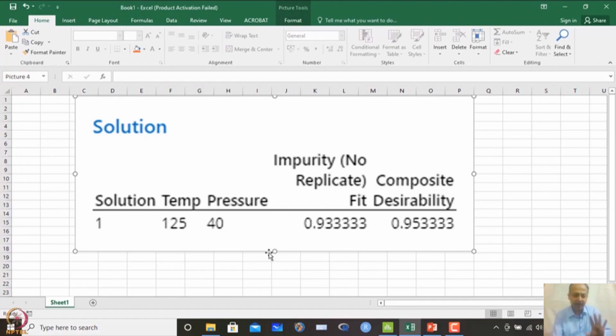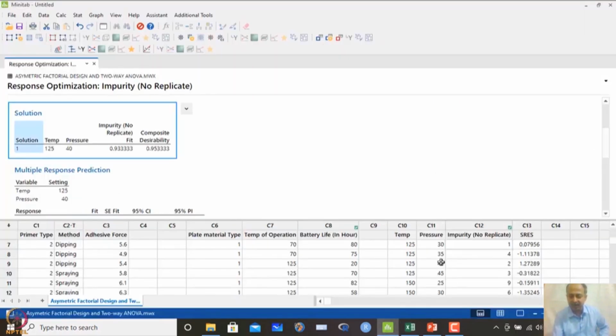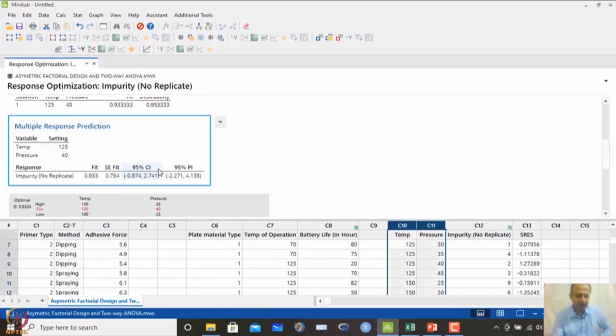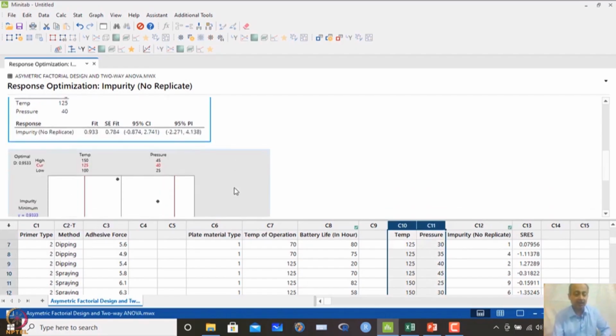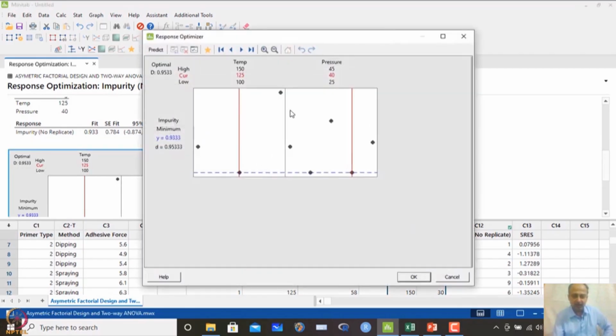But my intention was to show that MINITAB can give you some solution if the data set has continuous variables, where the CTQ is continuous and temperature and pressure are continuous. MINITAB can search on the surface using an optimization algorithm, and it can give you the best possible combination, that is temperature at 125 and pressure at 40.